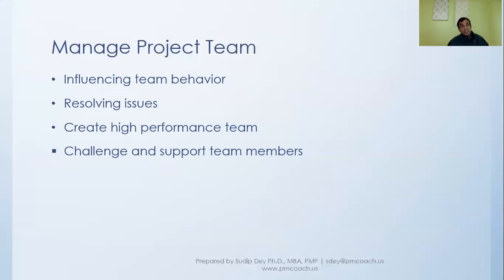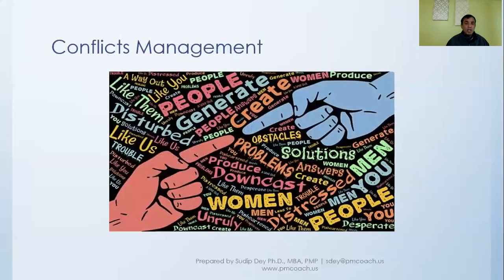So we'll challenge them into doing better and more as a project manager. And when they face a problem, we will provide them all the support that they need. We'll give them more and more opportunities depending on what they're capable of taking. So these are some of the things that we'll do when we are managing the project team.